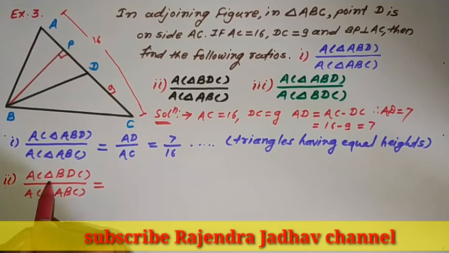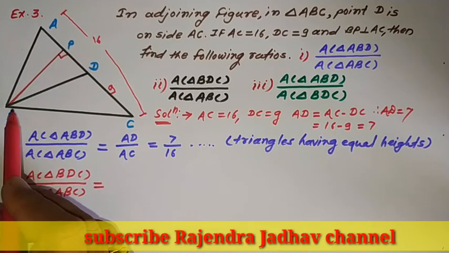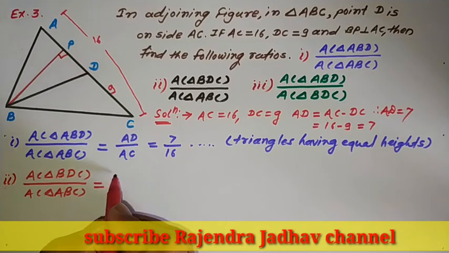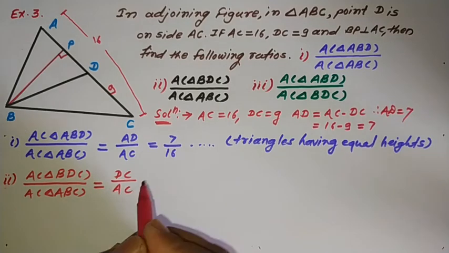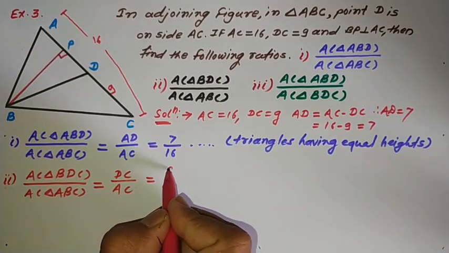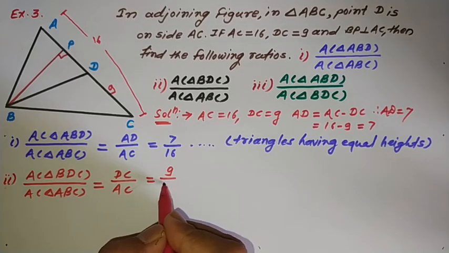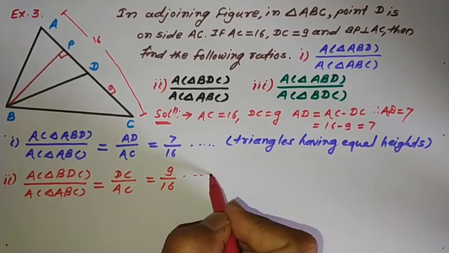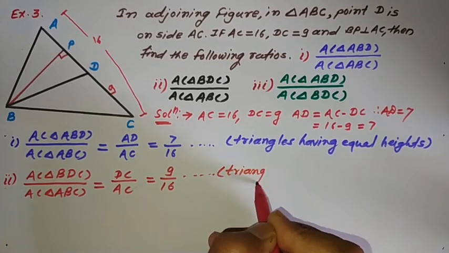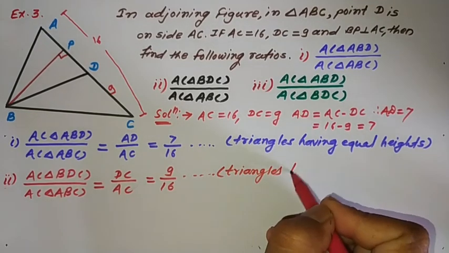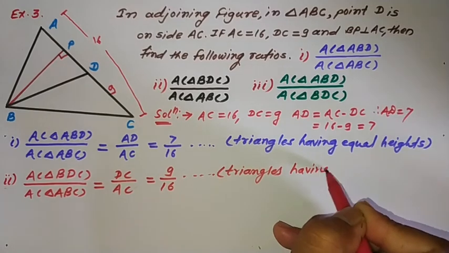The base of triangle BDC is DC, and the base of triangle ABC is AC. DC is 9 upon AC is 16. Write down the reason: triangles having equal heights.